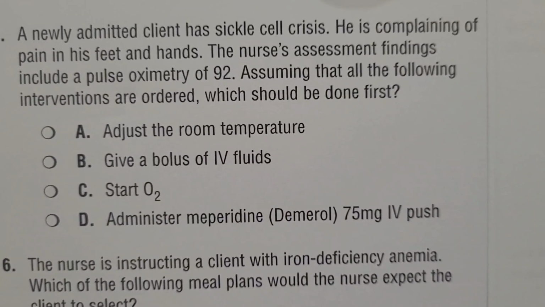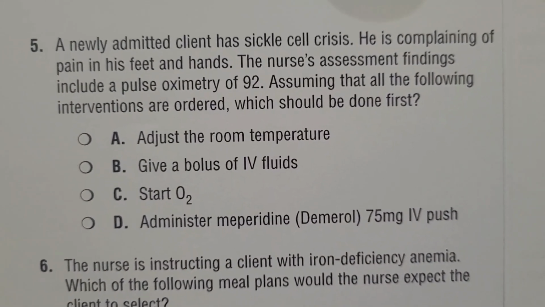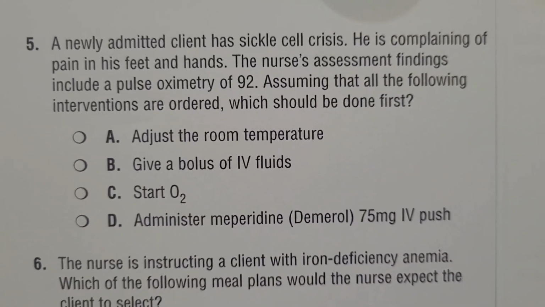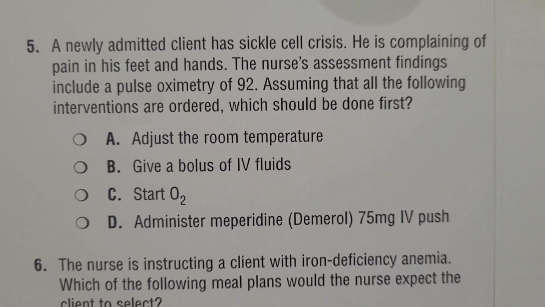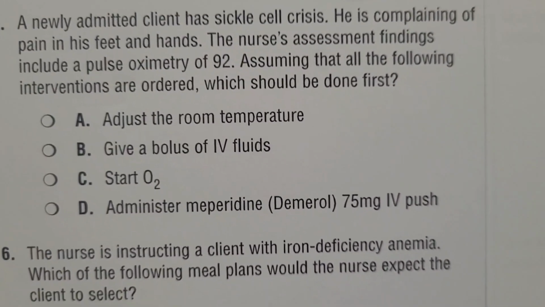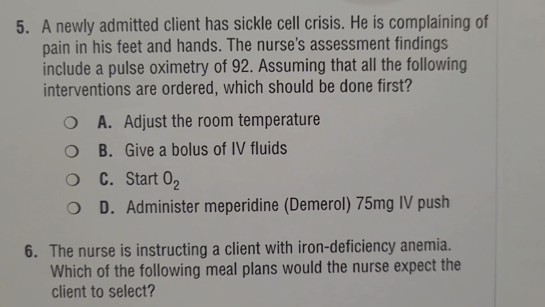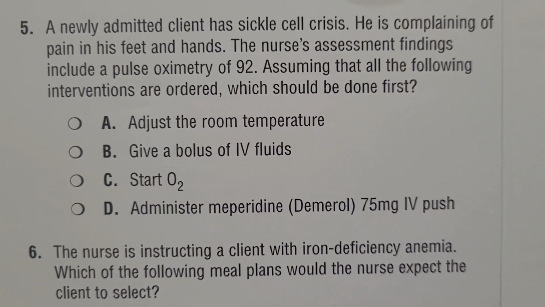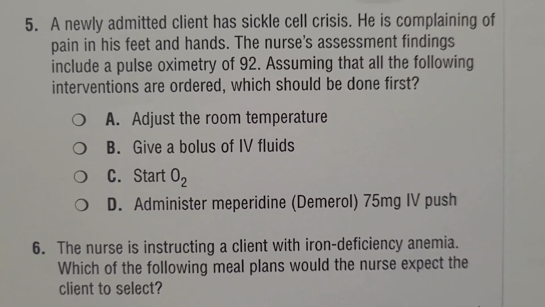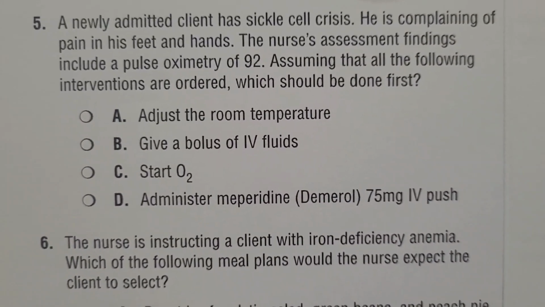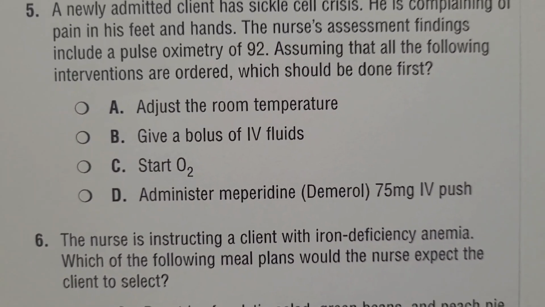Number C, start oxygen. This is our correct option, because the pulse oximetry already shows the patient is desaturated. The saturation is 92, so we have to start the oxygen. Number D, administer meperidine Demerol 75 mg IV push. Keep in mind that Demerol increases the acid in the blood.